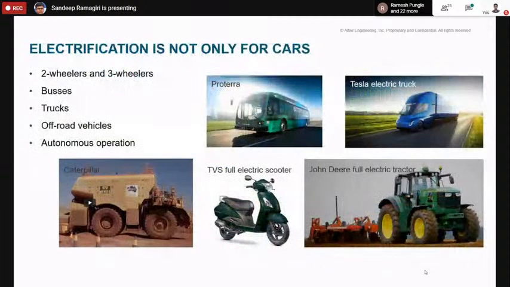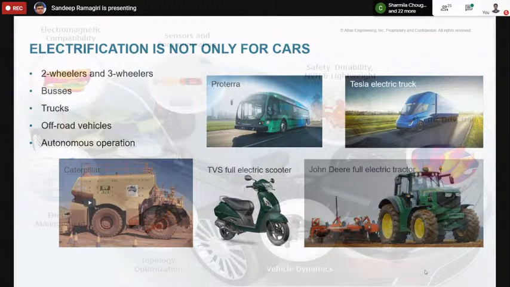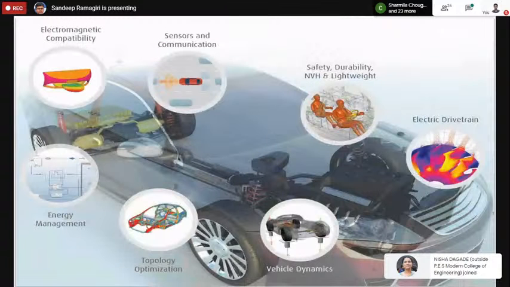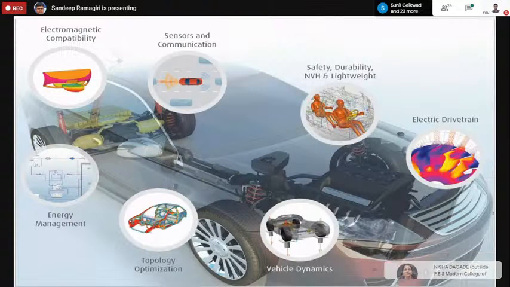Just going back, electrification is not only limited to cars. Most of the time there is a perception that it is happening only in cars, but it's happening in two-wheelers and three-wheelers, buses, trucks, off-road vehicles, and also autonomous operation vehicles. For all these vehicles, Altair as a simulation technology company can address several physics or domains.